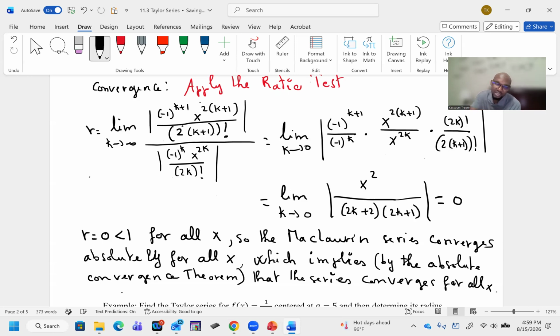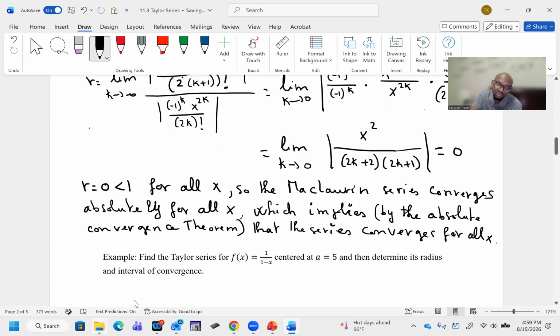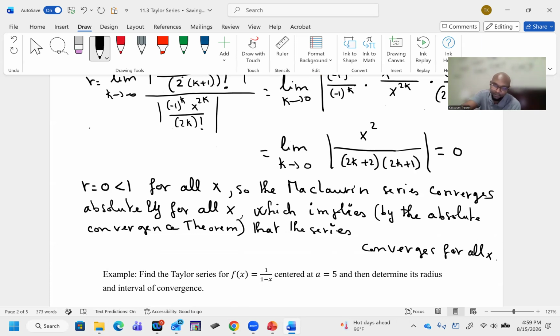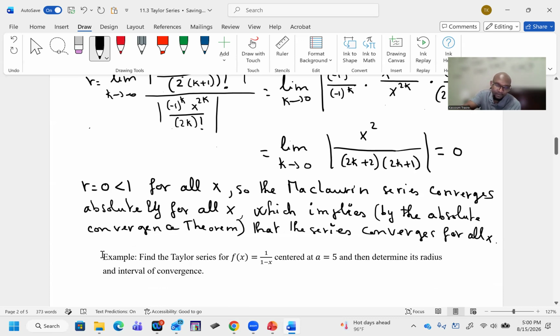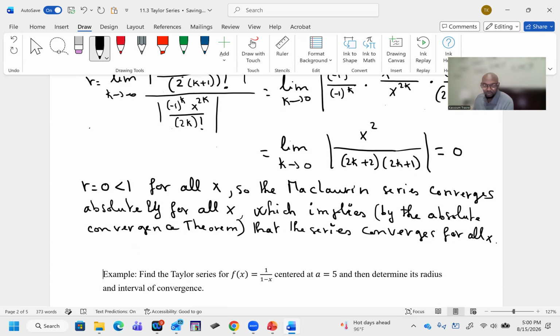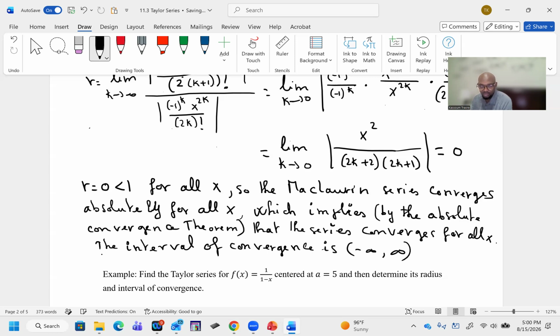And since it's for all x, the interval of convergence will be what? All real numbers, right? The interval of convergence is all real numbers.